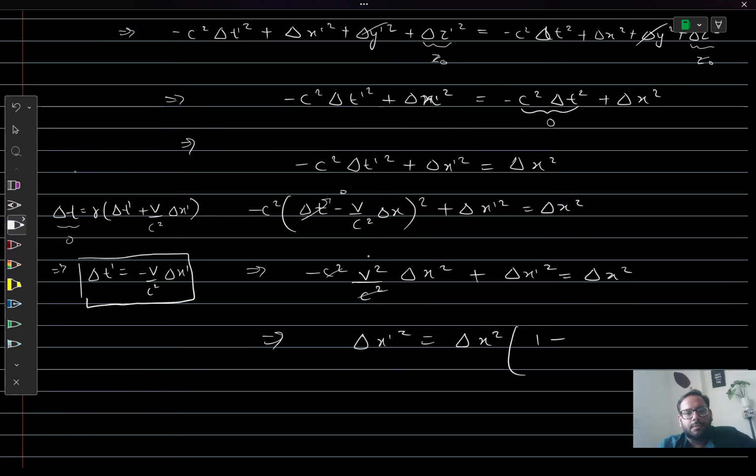Use this inverse Lorentz transformation here, otherwise this will not be easy.